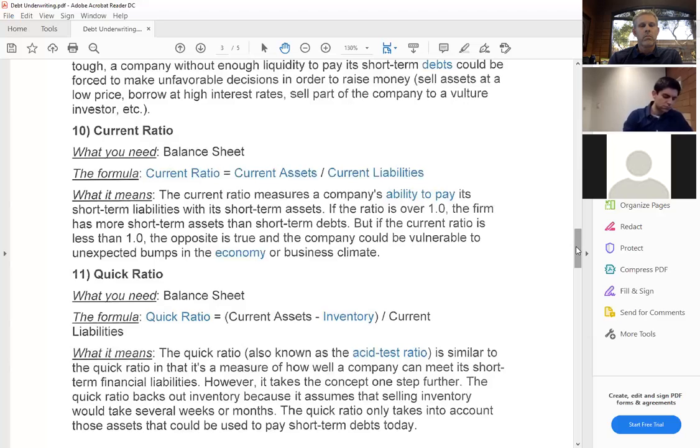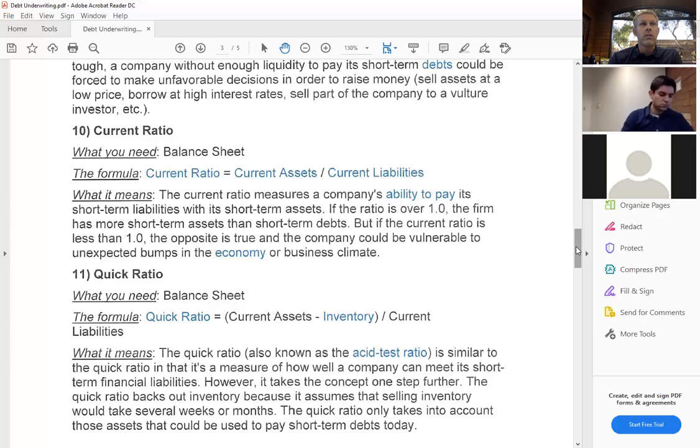Basically it's the same as the current ratio, but we just subtract out that inventory cost. And essentially we want the ratio to be greater than 1. So the equation is current assets minus inventory divided by current liabilities. If it's 1 to 1, what is that saying to us?